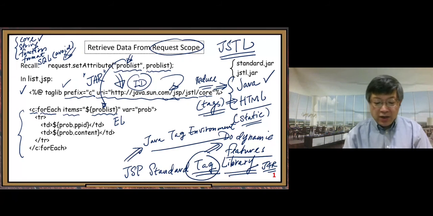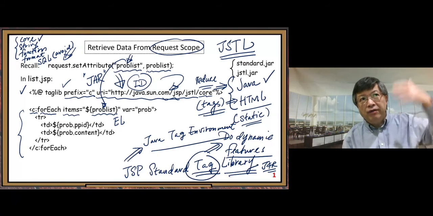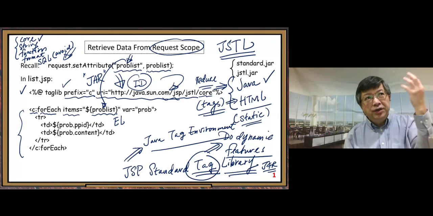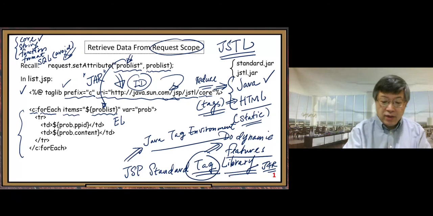That's the first step. Second step, in each iteration of the forEach loop, you need to get an individual item, right? So with the var attribute, you specify prob.